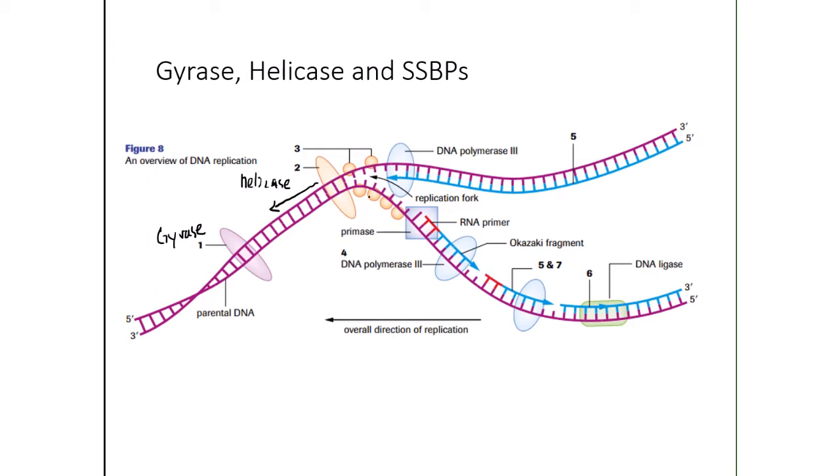Okay, and to keep the two strands apart from each other so that they don't recombine, we have these circle proteins. They are called single strand binding proteins. So helicase unwinds the DNA, gyrase prevents the buildup of tension, and to keep the two strands apart, we have the single strand binding proteins.